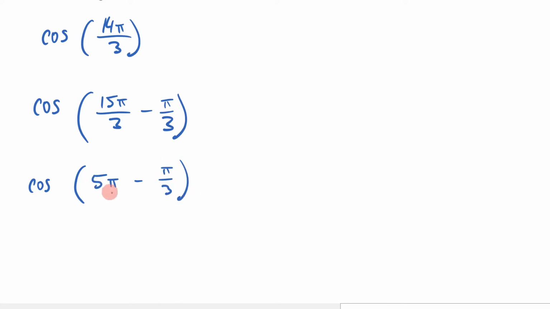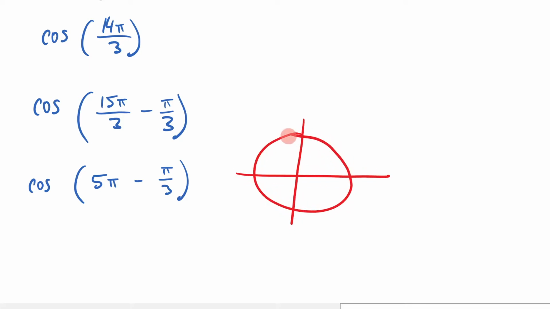Okay, which quadrant am I in if I have 5 pi minus pi on 3? Well, the way that you can think about it is if you're ever given an odd number in front of your pi here, that always means, if we draw this out like this, that we're going to wind up right here at that point. Because think about it, what is this point?